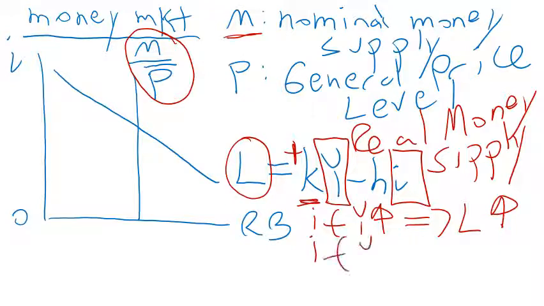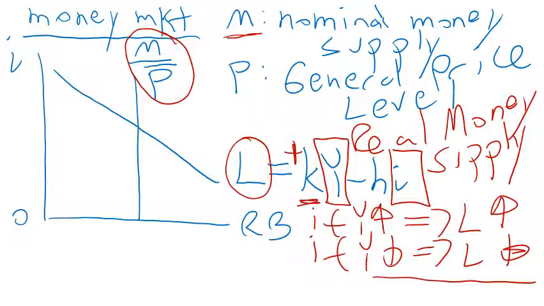If the income level goes down, then L, money demand, goes down. All right? Again, this is also a positive relationship. So why might Y go up? Well, an increase in C, an increase in I, an increase in G, an increase in X. Okay? Now, I'm going to switch colors on you.